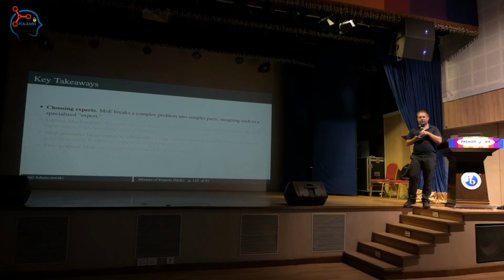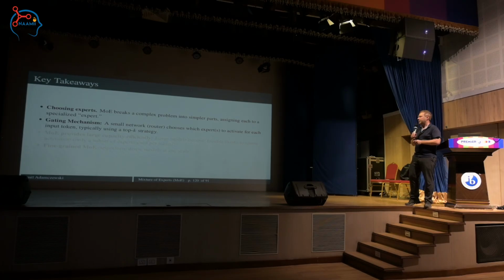So, as a summary, the key takeaways. MOE breaks a complex problem into simpler parts, assigning each token to a specialized expert. So we have different experts, different parts, and that's how mixture of experts gets its advantage. We use this gating mechanism, which, as we talked through in this lecture, is a very key mechanism that a lot of research is dedicated to.